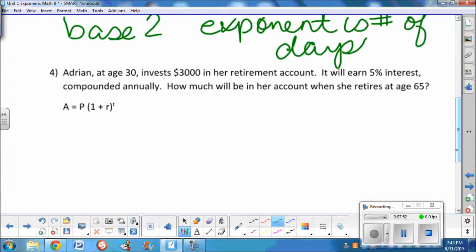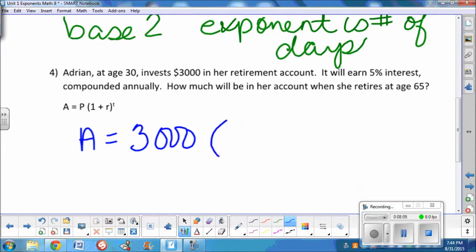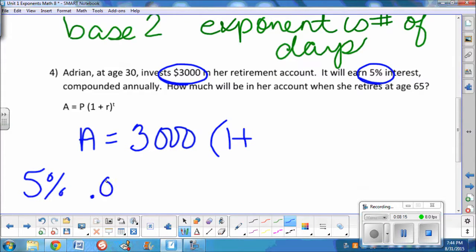All right, pause it, read it. Got another one dealing with depositing some money into the bank. So how much will we start out with? $3,000. 1 plus, again, that rate is 5%. 5% as a decimal is 0.05. 0.05.